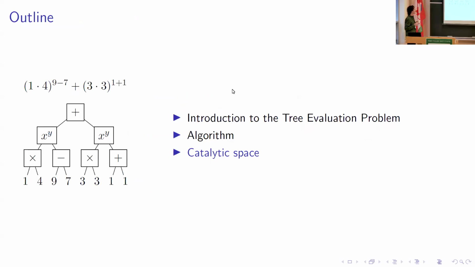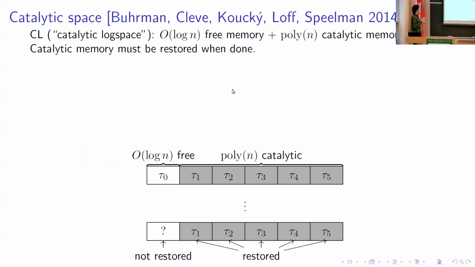Okay, so now I just want to talk a little bit about a closely related concept called catalytic space, which is kind of connected to these clean subroutines I've been talking about. So the idea of catalytic space is we imagine our computer program, when it starts running, there's some memory that's already used. In fact, almost all the memory is used when our program starts running, and it only has like some tiny amount of free memory.